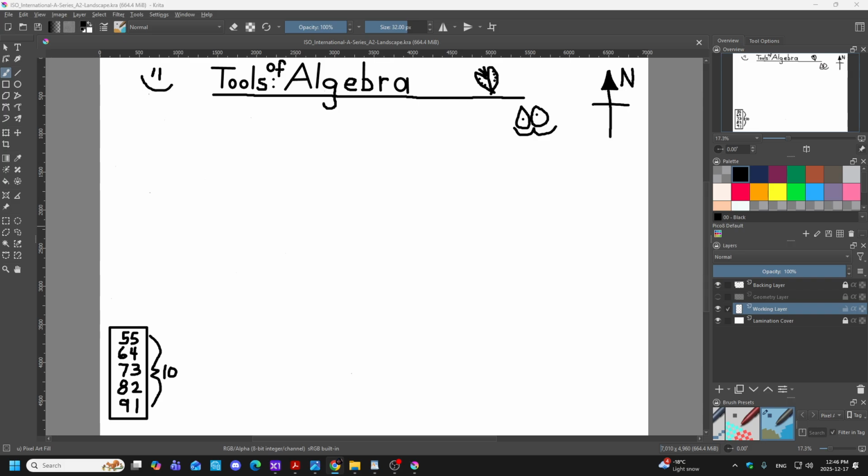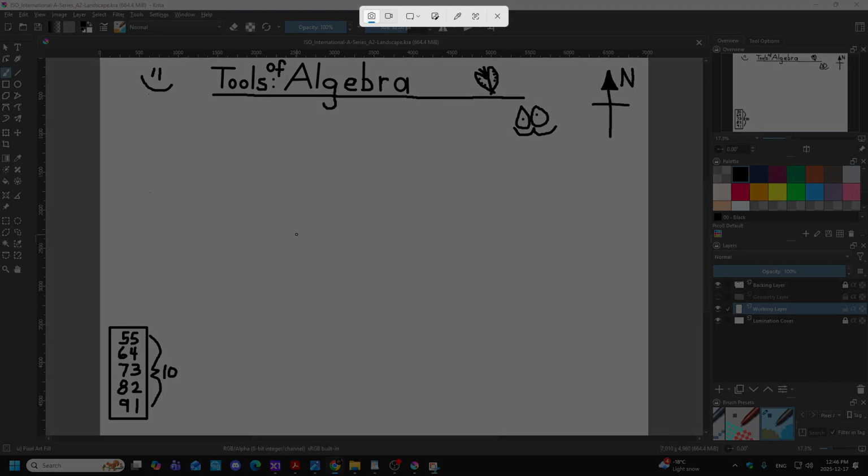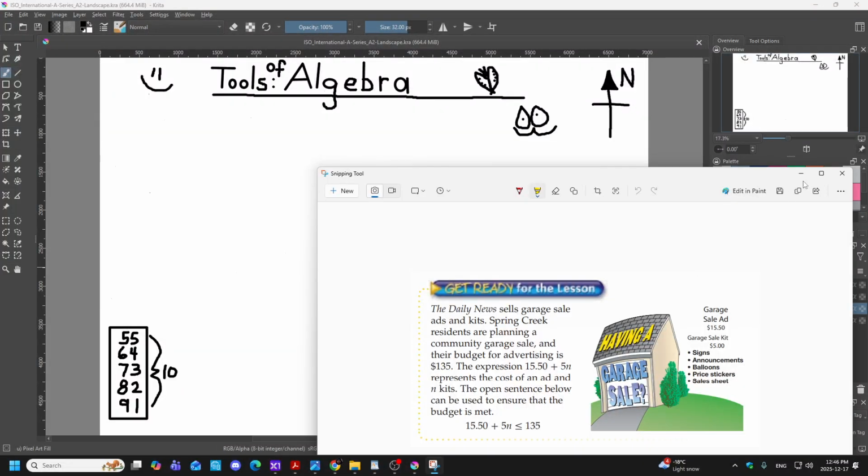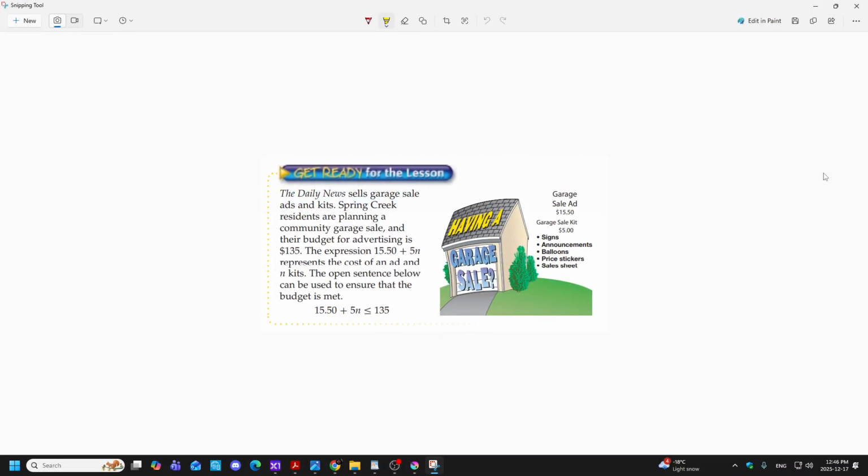Okay, here's an example. The Daily News sells garage sale ads and kits.